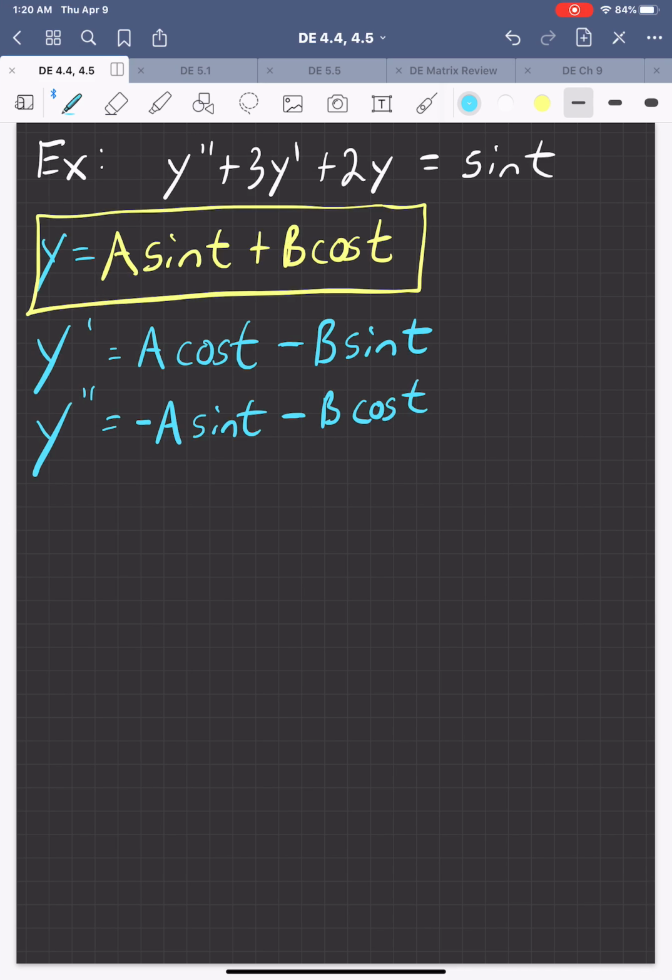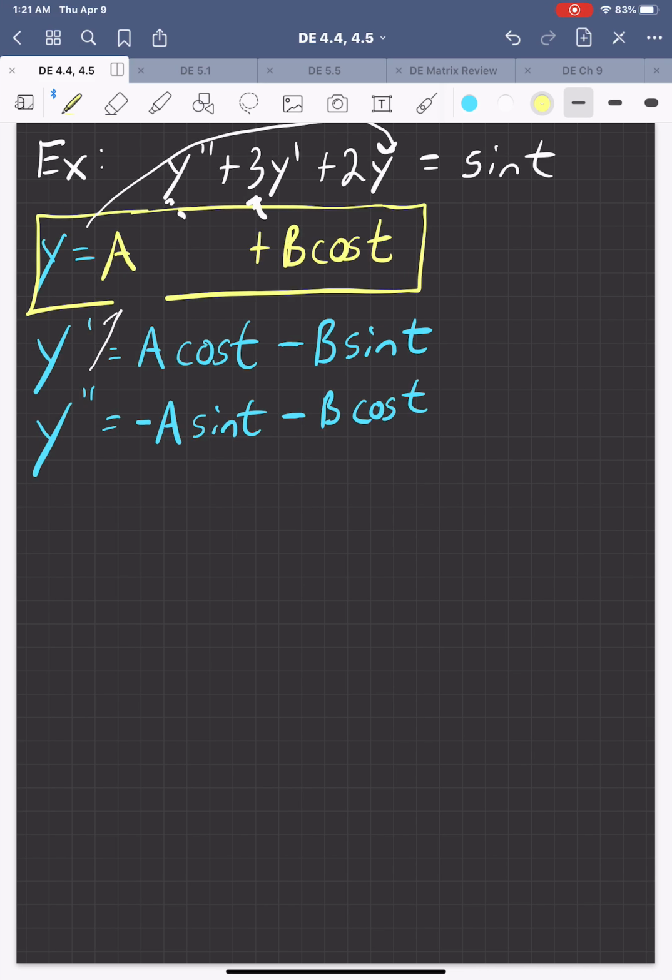I don't know that I'll have enough space on one line to do this, but what you would need to do now is plug in. I'll draw you an arrow. You're going to need to plug in for y double prime, plug in for y prime, and my apologies for writing right through that. Let me rethink that.